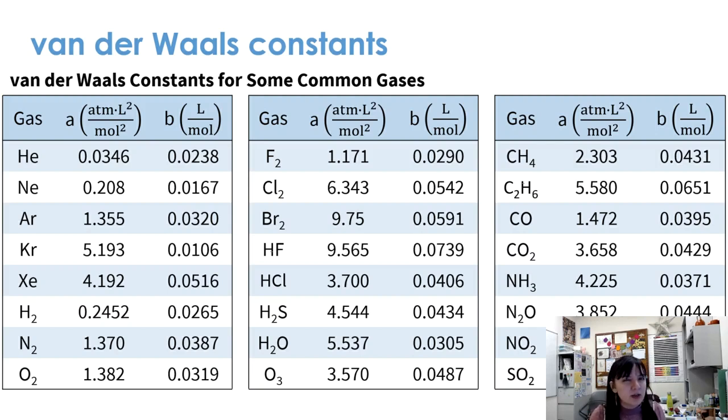So for instance, some of the heavier gases in this list, like bromine, or Br2, has a pretty high molar mass, and so that should have a pretty high A constant associated with it. You can find that right in the middle of this table right here. For Br2, it has a really high A constant.